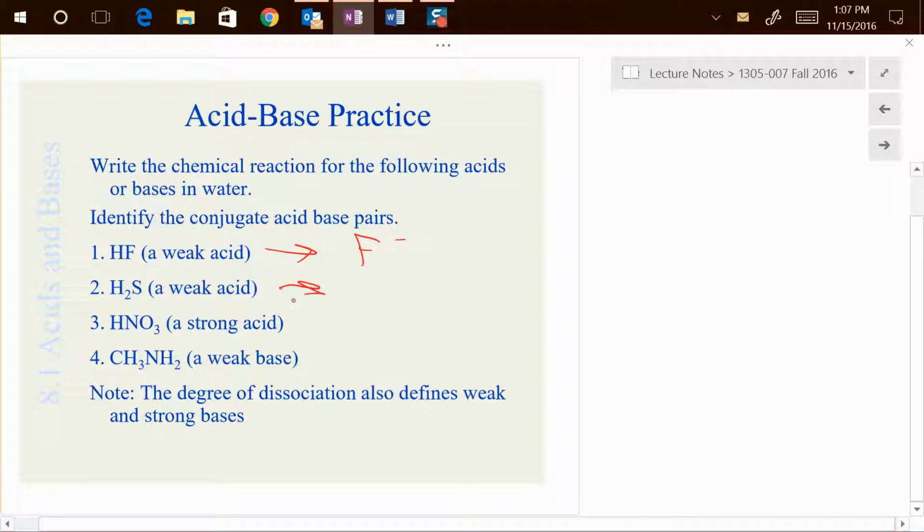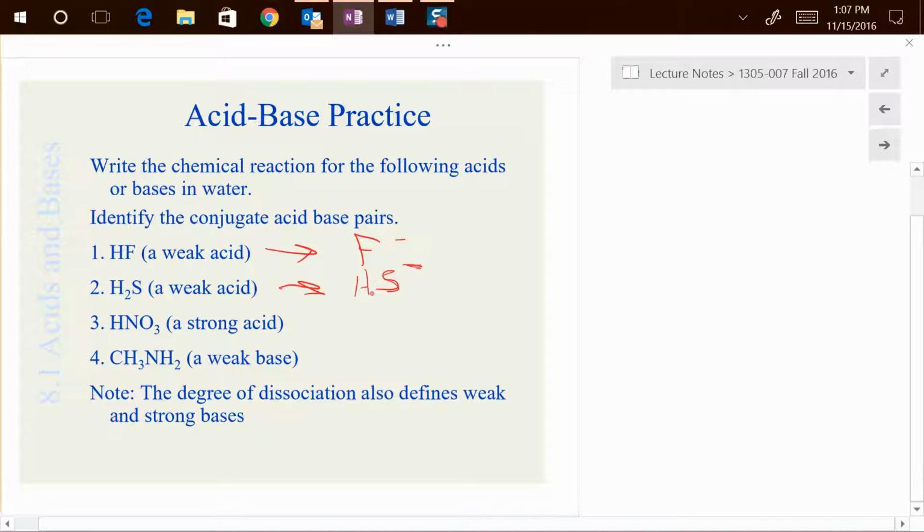Which one has more, the acid or the base? The acid has more hydrogens than the base. So what is the conjugate base of H2SO4, which is an acid? HSO4. What's the charge? Minus. That's the conjugate base. Okay? It just loses a hydrogen, right? The definition of an acid is a hydrogen donor.